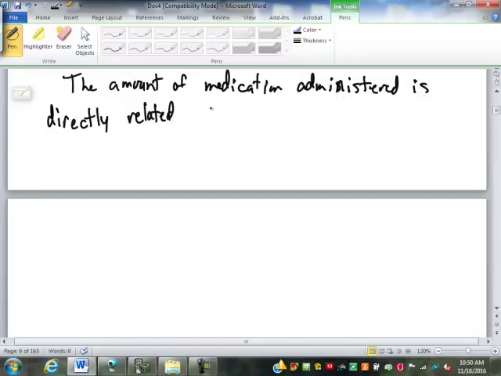Notice I didn't say it varies directly with, I said directly related to. It means the same thing. I can say there's a direct relationship between the amount of medication administered and the weight of the patient as well.